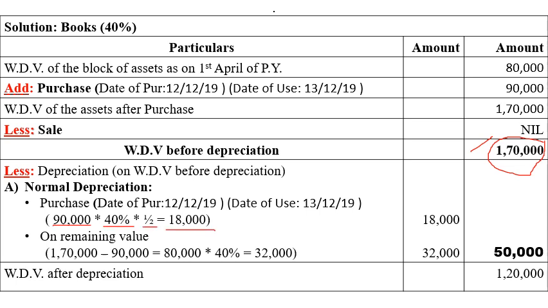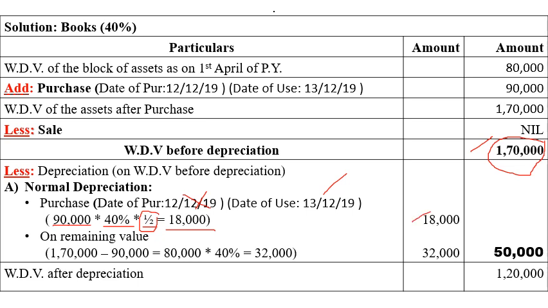Half because it was used for less than 180 days. Date of use, not date of purchase. Date of use 13th December to 31st March of the previous year, so used for less than 180 days. So half of the rate of depreciation: 90,000 into 40% into half, or 90,000 into 20%, 18,000.